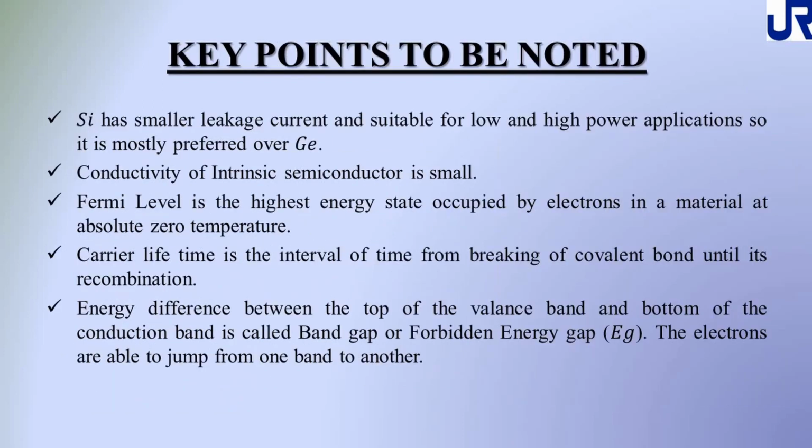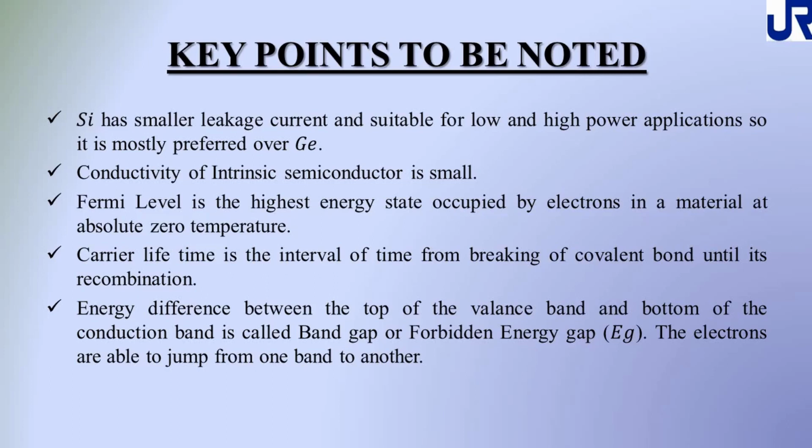The Fermi level is the highest energy state occupied by electrons in a material at absolute zero temperature. That means at absolute zero temperature, the electrons are in the valence band. Even at zero temperature, some electrons have a tendency to have higher energy.